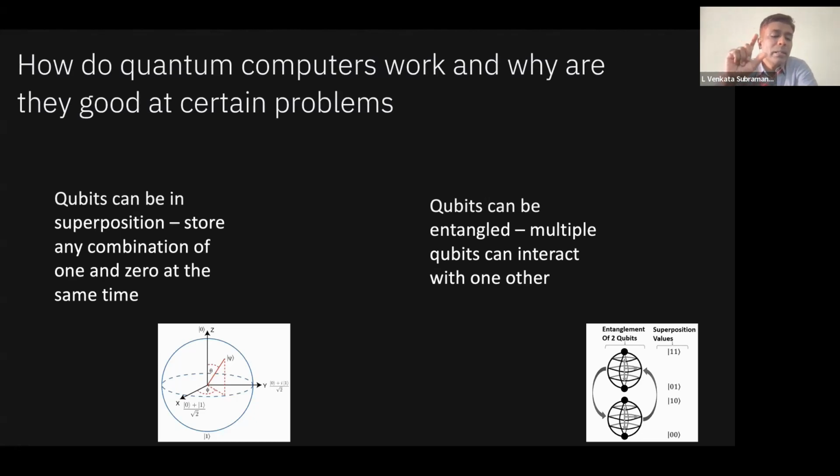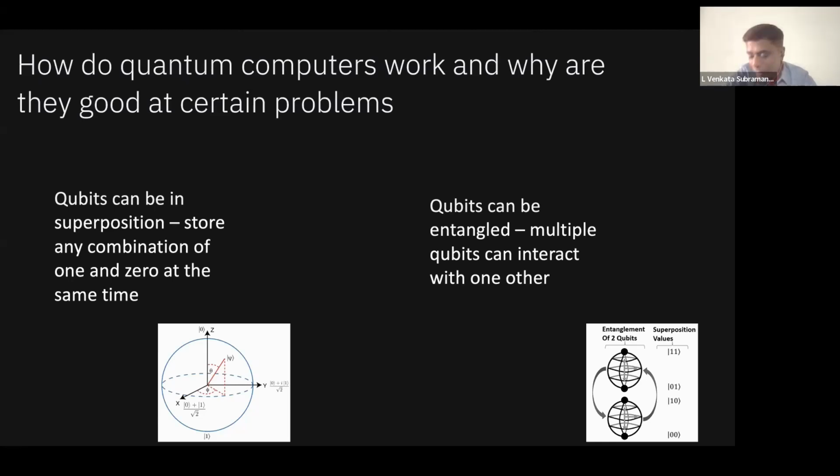Superposition means the qubit can be in a state where it is both 0 and 1. When you toss a coin, while it's in the air, it is both heads and tails. Only when you catch it in your hand and look is it heads or tails. In the same way, the qubit can be in the superposition state until you make an observation, so it remains in a combination of 0 and 1.